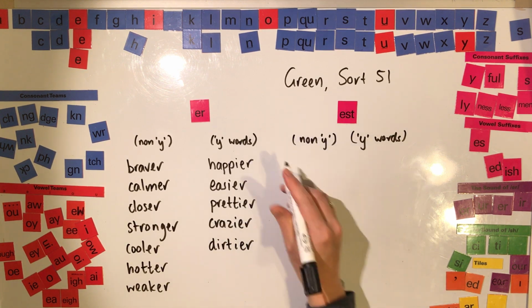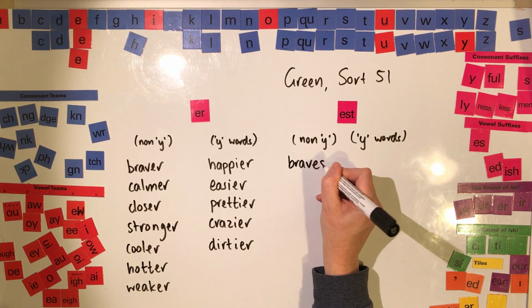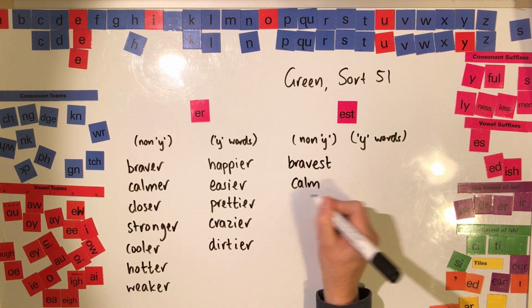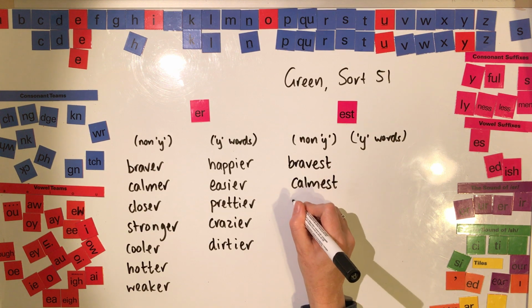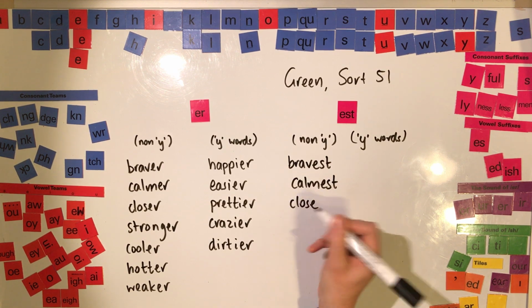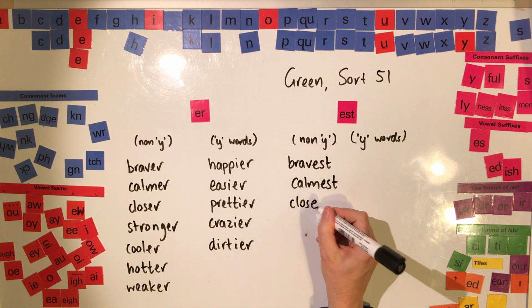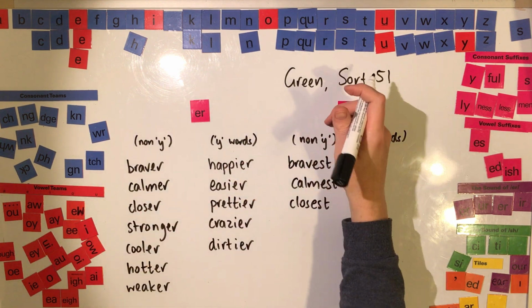Okay, let's whip through these. We've got bravest, bravest, drop the E. Calmest, we don't have to do anything. Don't have to double the middle letter, don't have to drop the E. Closest, well, we do have to drop the E, and then we add EST. You might be thinking, oh, why did you just rub out the E to write it again? Because it's just good in your brain to be thinking that you drop the E and add the ending.